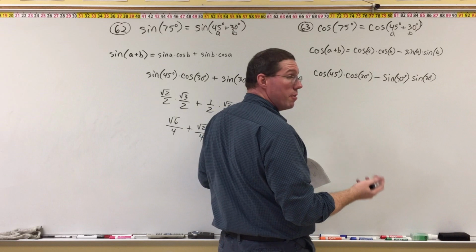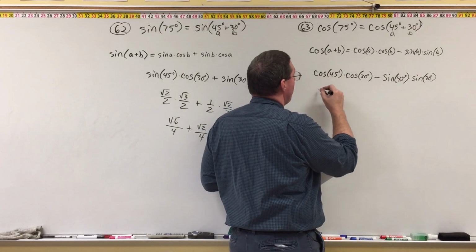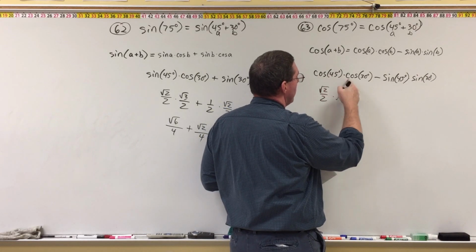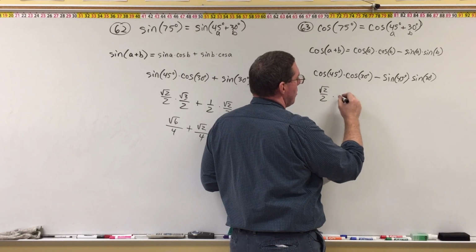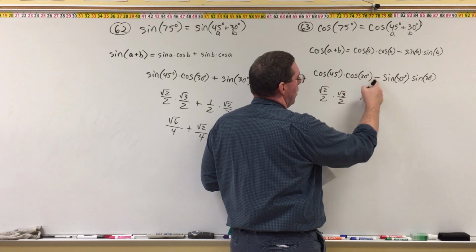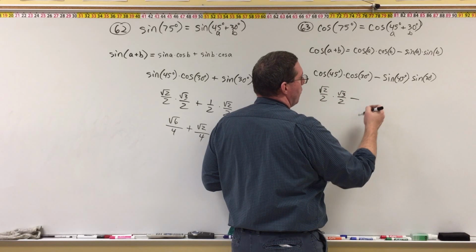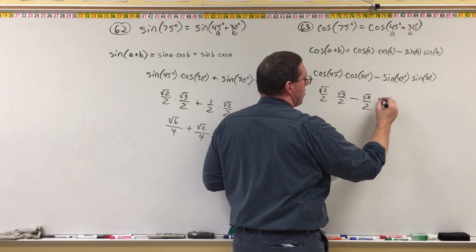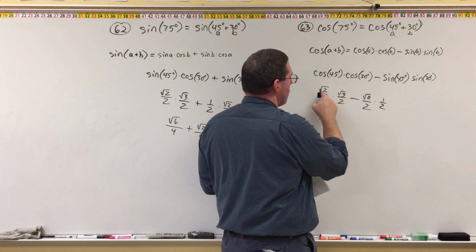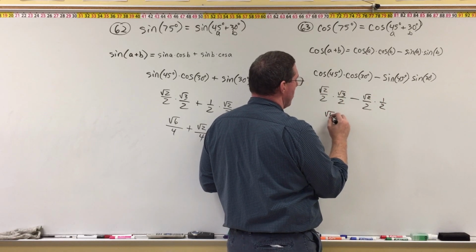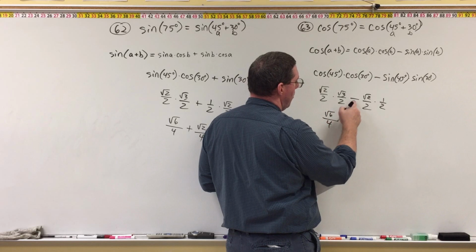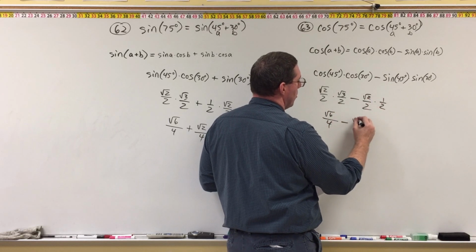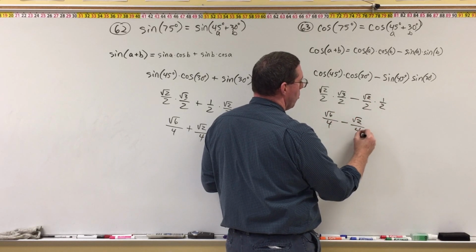Cos 45 degrees is pi over 4. Cosine of pi over 4 is square root of 2 over 2 times cosine of pi over 6, that's square root of 3 over 2, minus sine of pi over 4 is square root of 2 over 2. Sine of pi over 6, that's 1/2. And so we have square root of 2 times square root of 3 is the square root of 6. 2 times 2 is 4, minus square root of 2 times 1 is square root of 2. 2 times 2 is 4.